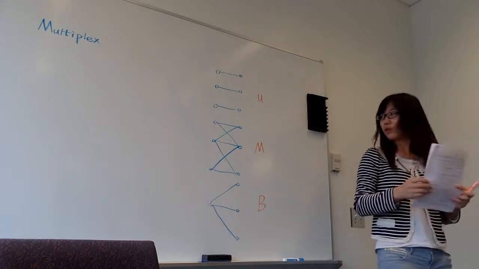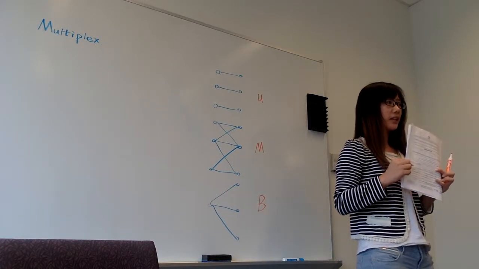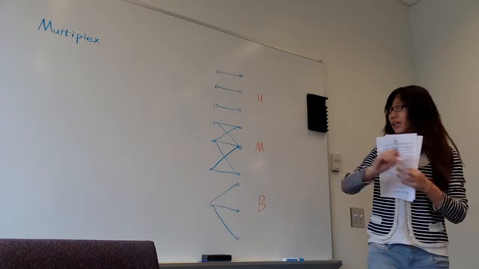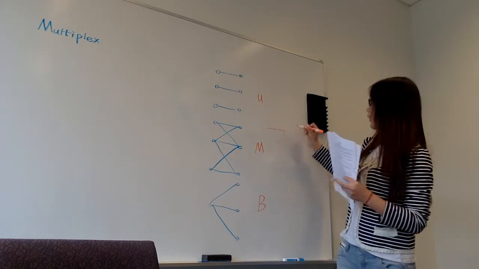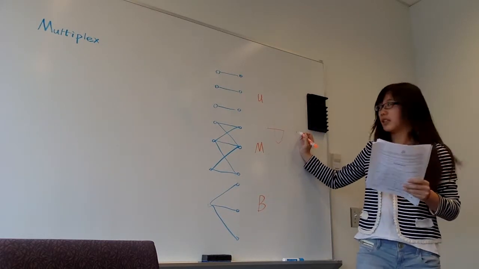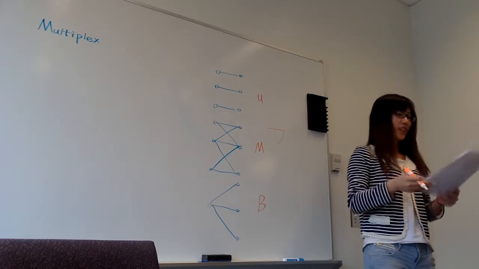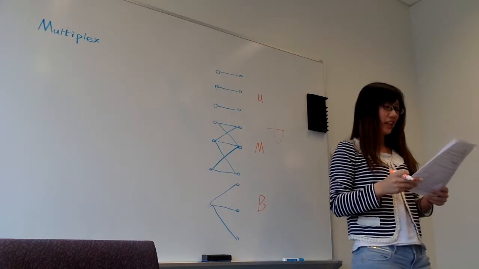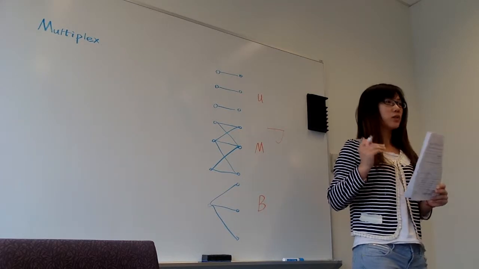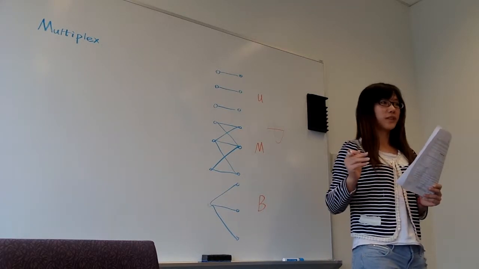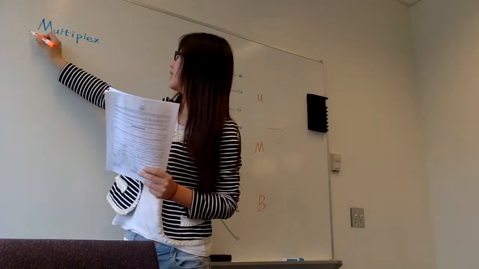I think you all know that signals are transferred by sine waves, this kind of wave. How can these be differentiated? It is a very interesting problem, and in this class, I will talk about how to differentiate these waves. This technique is called multiplex.